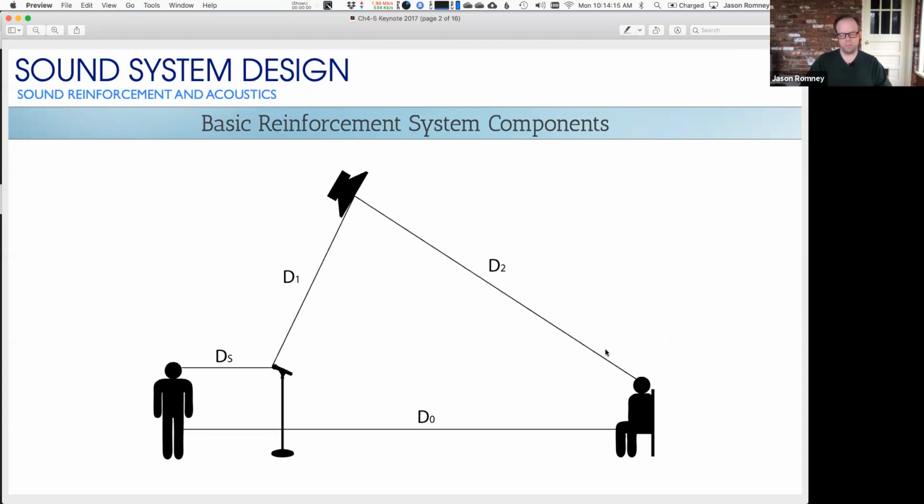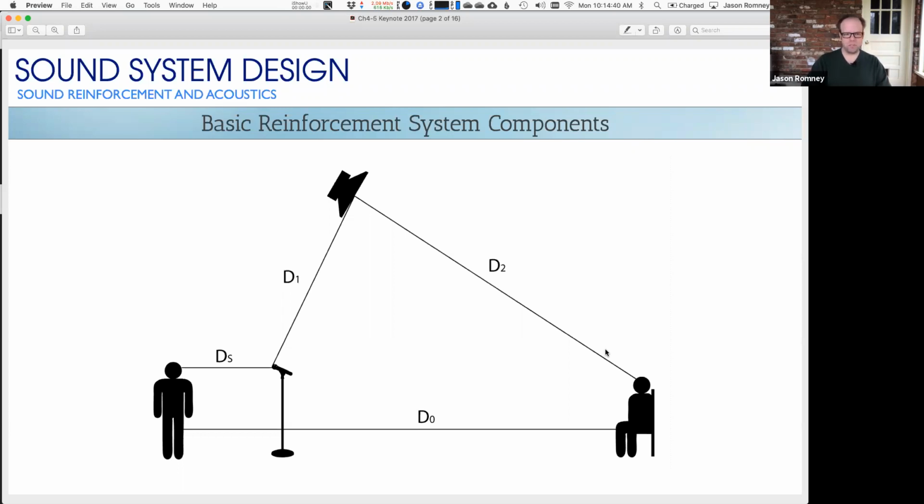The listener, of course, is the person who is going to hear all this stuff. If a sound engineer turns on a sound system and no one's there to hear it, you certainly need someone to listen to it. And we tend to prefer the word talker rather than speaker, for reasons that might become clear if you think about it for a second.